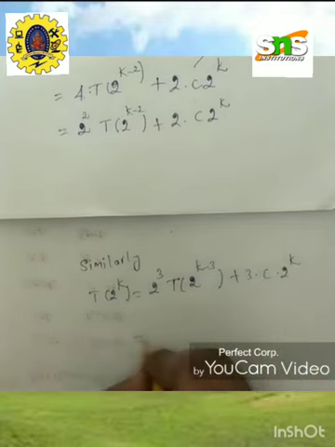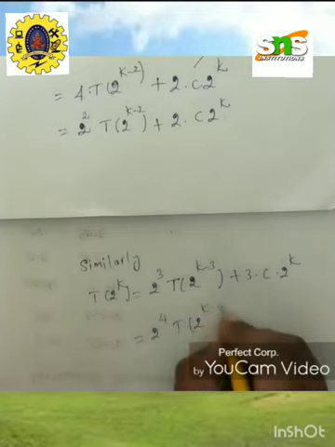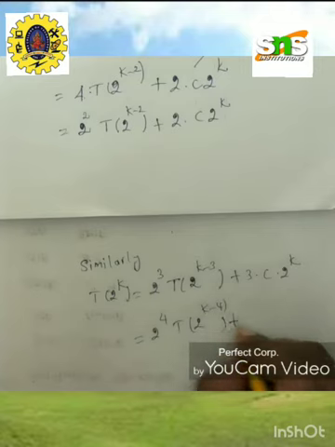Next, incrementing the value to 2 power 4, the general term is 2 power 4 T of 2 power k minus 4, plus 4 dot c dot 2 power k.